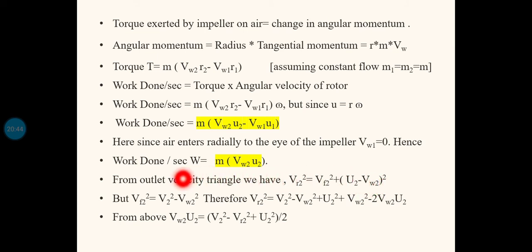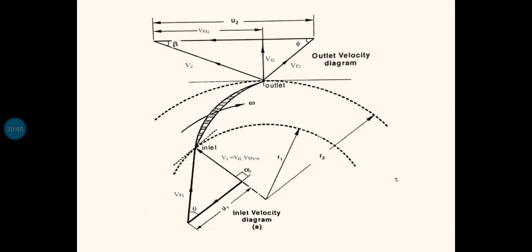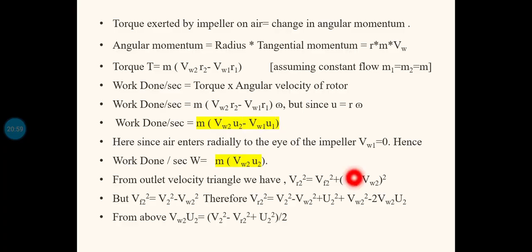But Vf2 square equal to V2 square minus Vw2 square. See, from this triangle Vf2 square equal to V2 square minus Vw2 square. So instead of Vf2 square I will substitute V2 square minus Vw2 square, plus I am expanding this entire term, that is u2 square plus Vw2 square minus 2 into Vw2 u2.